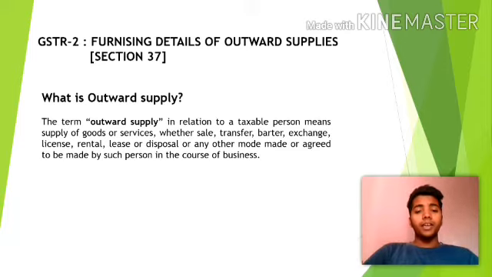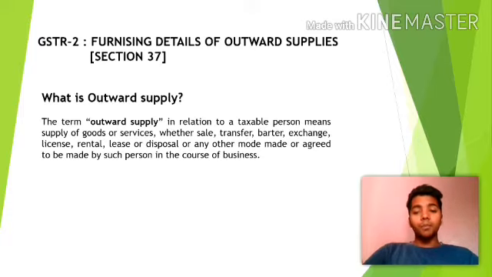The term outward supply, in relation to a taxable person, which is liable to pay tax, means supply of goods or services, whether by sale, transfer, barter, exchange, license, rental, lease or disposal or any other mode, made or agreed to be made by such person in the course of business.